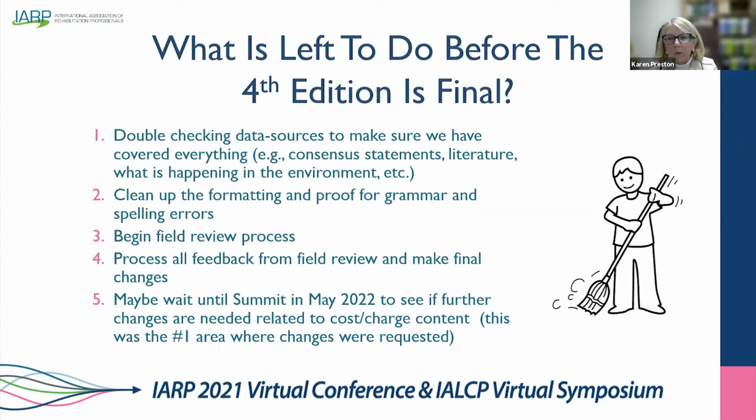We think that we have made sure that the wording related to determining costs for the life care plan is applicable, but still generalizable enough that whatever comes out of the summit will still fit. So I'm not sure that we need to wait for the results of the summit and keep delaying the 4th edition of the standards in order to accommodate whatever work comes out of that.